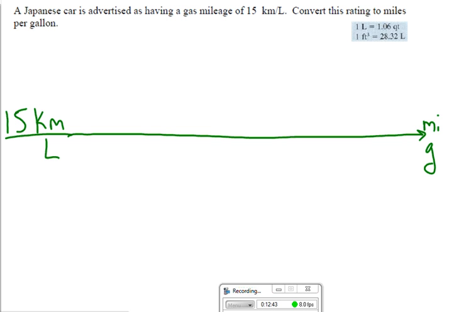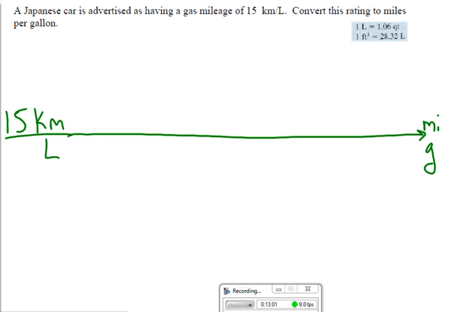So I have to get rid of both of them. So let's tackle the top one first because that's what we've been working on. Now let's work on the bottom one because that one's the new one. So we can't just go from liters to gallons. We need to go to a different unit.